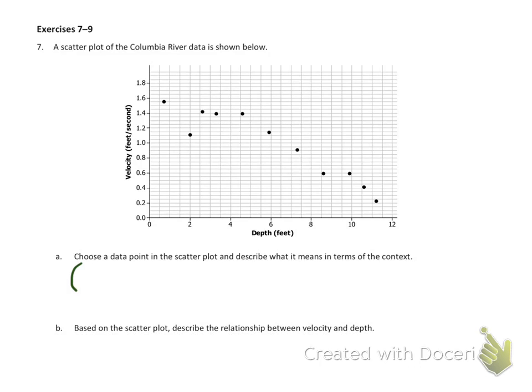So one data point is 9.9 and 59 hundredths.